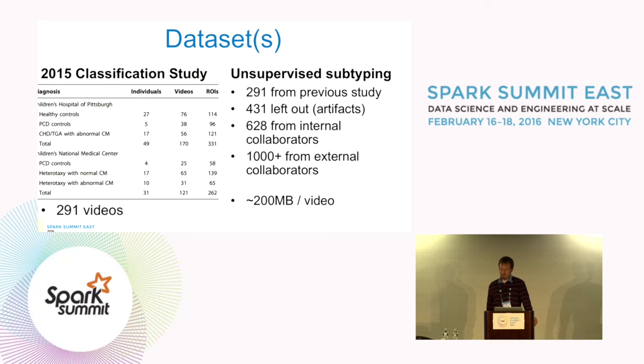They're about 200 megabytes per video, and so we're already looking at half a terabyte of data. For clustering, we need a lot more data in order to come up with a reasonable estimate of how many motion subtypes there are. And so this, finally, is where Spark comes into the equation.